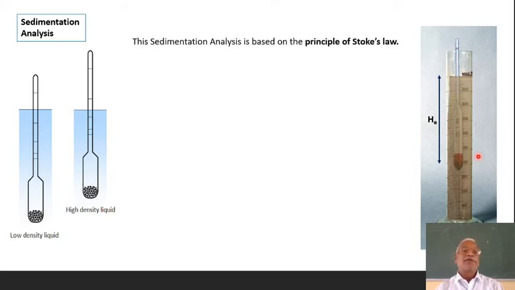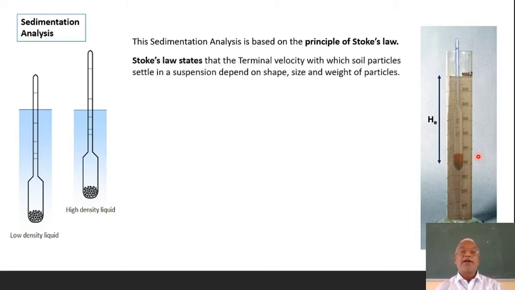Okay, this sedimentation analysis is based on the principle of Stokes law. Now what is Stokes law? Stokes law states that the terminal velocity with which the soil particles settle in suspension depends on shape, size and weight of the particles. I have told you what is suspension.